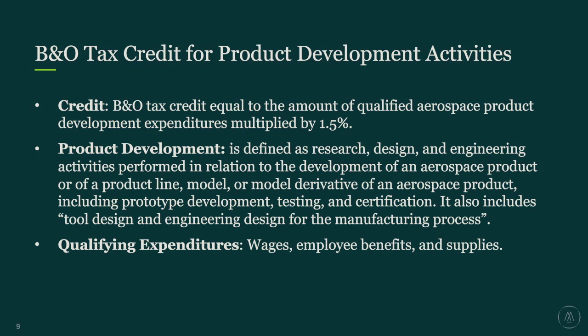And a lot of times what we see is almost a presumption that the subcontractor or the service provider is the one who is going to be claiming the credit, because they are the ones that are directly incurring those wage costs and those materials costs, whereas if you've subcontracted the work out, you specifically are not doing that product development activity. So something to be aware of there is be careful how you include your subcontractor costs in your product development calculation, if at all.